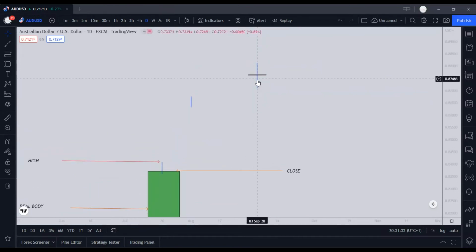This is a Doji candlestick. This is how it is formed. Buyers were in control first. Sellers took over and pushed the market down. Buyers came again and pushed the market back to where it opened. So the closing place and the opening place all align at the same place.